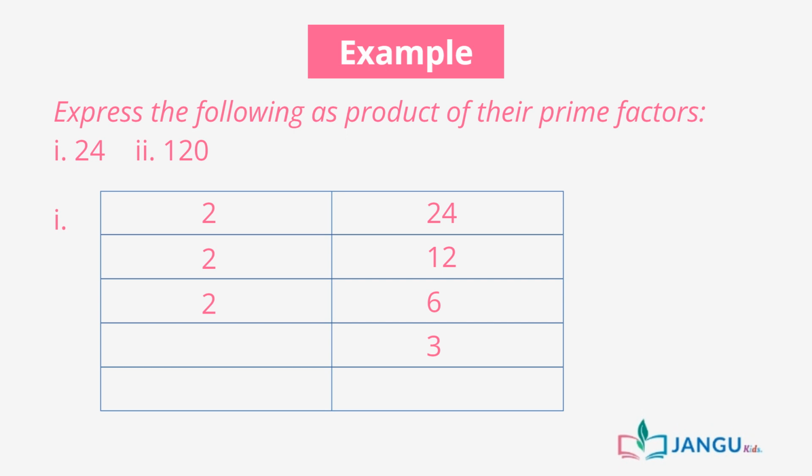At this point, we move on to the next prime number, which is 3. 3 divided by 3 is 1. Reaching 1 signifies the end of division when using the ladder method of prime factorization. Therefore, 24 written as a product of its prime factors is 2 times 2 times 2 times 3.